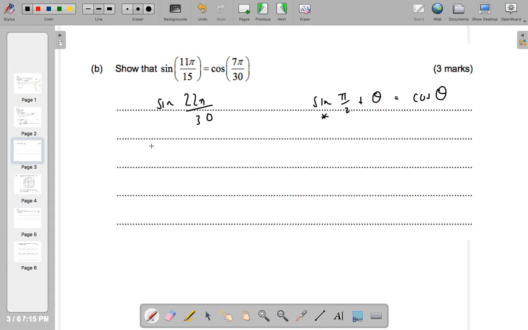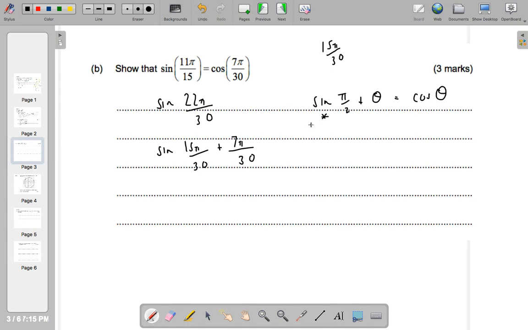So now it's a matter of saying, well, pi on 2 will be the same as 15 pi on 30. So here I can say that sine of 15 pi on 30, that's pi on 2, plus 22 minus 15, is 7 pi on 30.